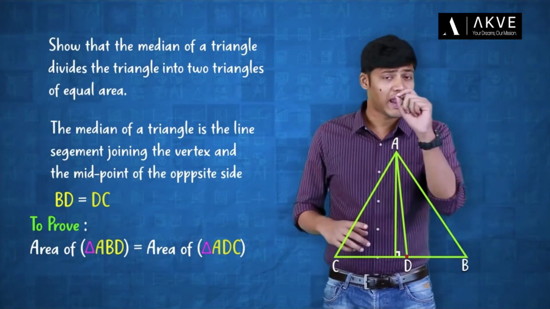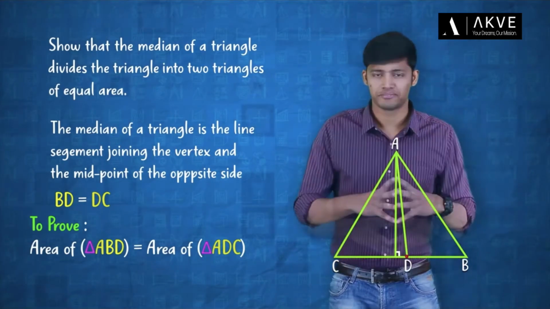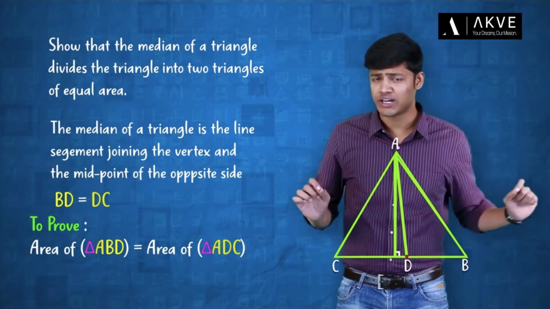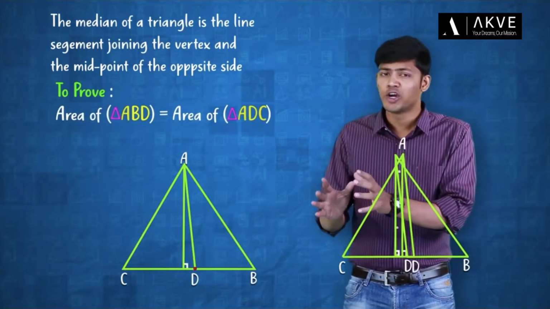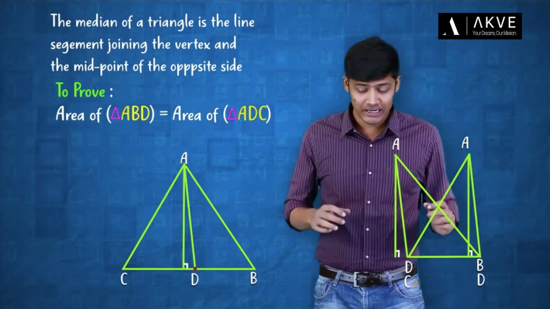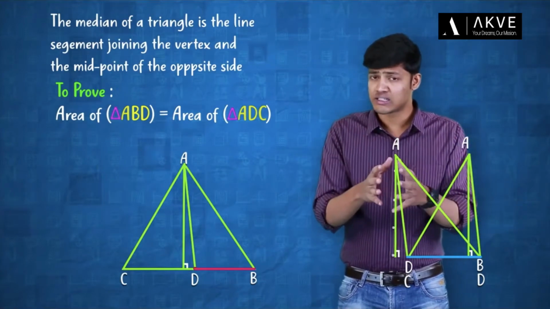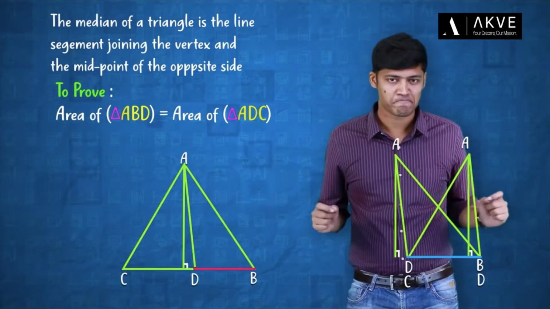Also, since AD is the median, BD will be equal to CD. Now, let's shift the triangle ADC to the right side. If we do so, we can clearly see that DC will coincide with BC since both of them are equal.